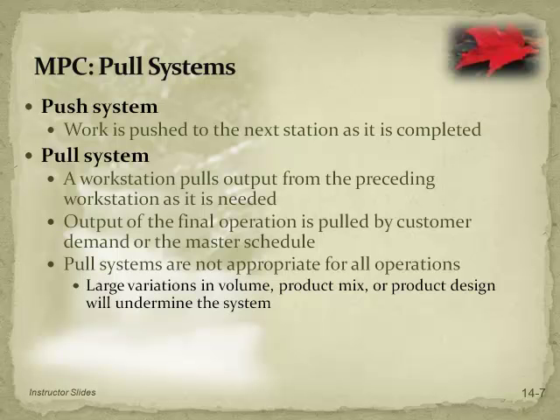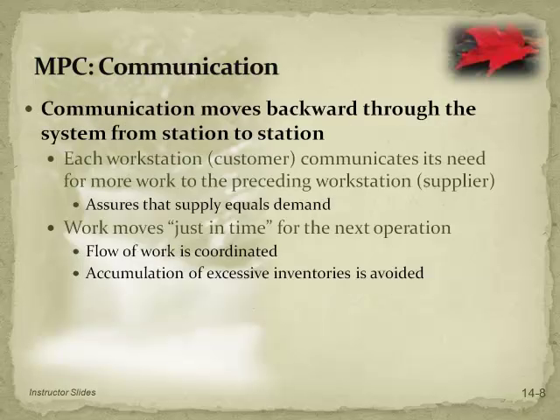Everything has to be set up. The disruptions have to be minimized before we can go to this. So it's the last thing that you do. Communications. As part of our pull system, communications is going to go backward. When I say backward, I'm talking about going to preceding workstations.